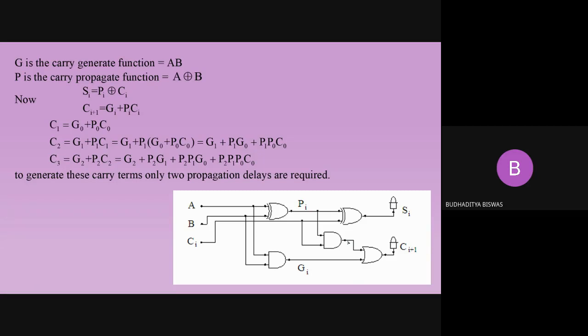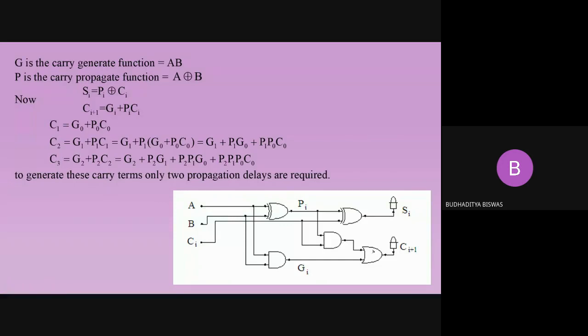And if the output of the AND gate is 1, then the output carry will also be generated. It does not look at the G term. So in other words, if the P term equals 1, then this carry is actually propagated to the output carry.